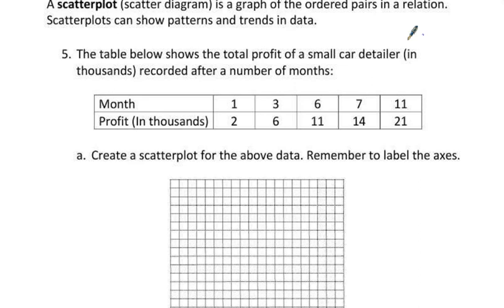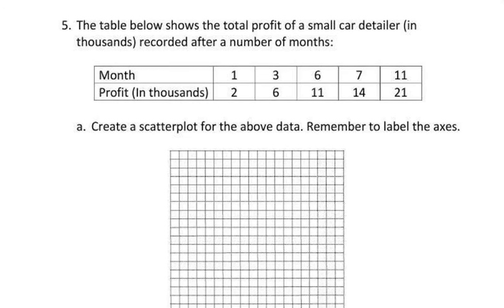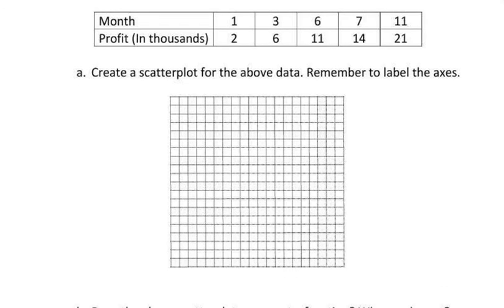So in this first thing, we're looking at the profit of a small car detailer in thousands of dollars. And we've looked at 1 month, 3 months, 6 months, 7 months, and 11 months at that profit. So we're going to work on a scatter plot here.